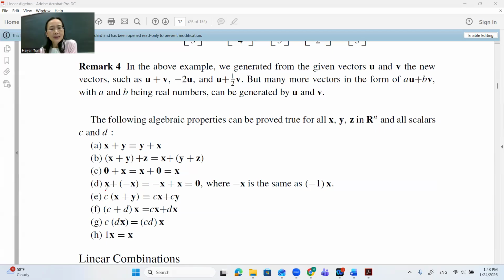And there is also negative x. That means the opposite vector, which is the same as -1 times x. So this negative x is just a multiple of x with the scalar being -1. So if you add x and negative x together, what do we get?